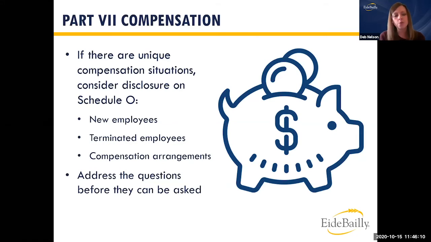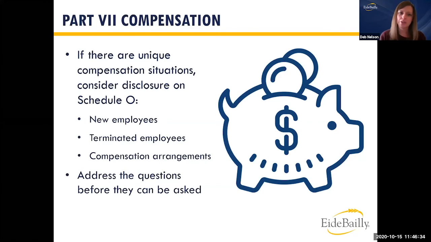A common one that we will typically recommend is if you're an organization that operates on a fiscal year basis, the compensation in this part is reported based off of calendar year-end W-2s. So you may have someone who joins your organization at a certain point in the year, and they're listed in this part, maybe as an officer, but we're showing 0 compensation.